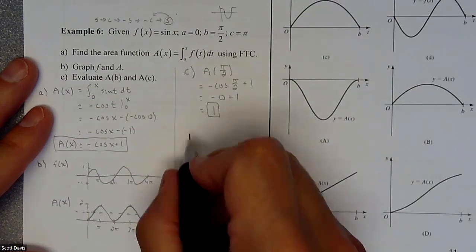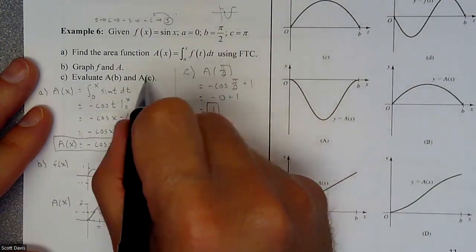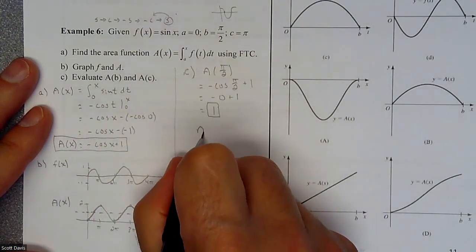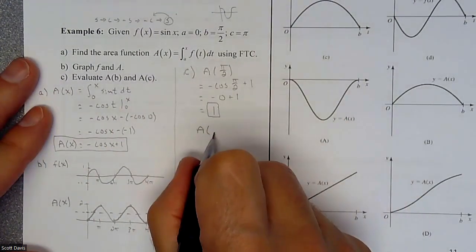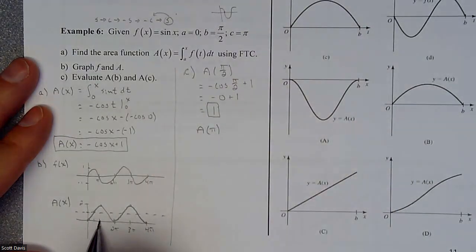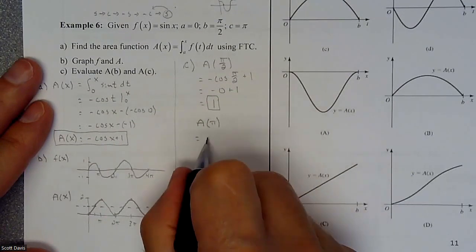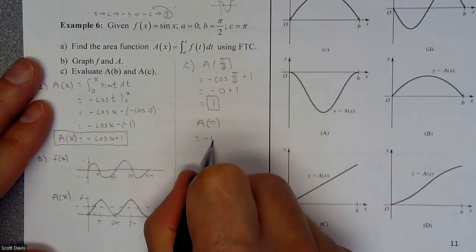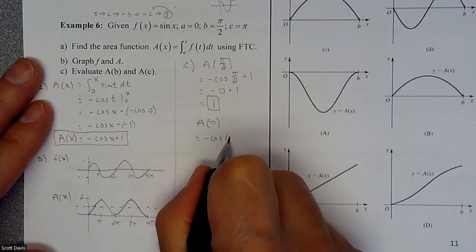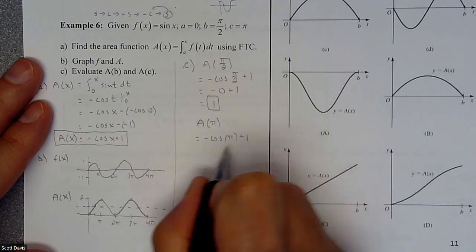That's perfect. And then our other one is to find the area at C, so the area at pi. If I find the area at pi, I should be at a value of 2. Our formula is negative cosine of pi plus 1.